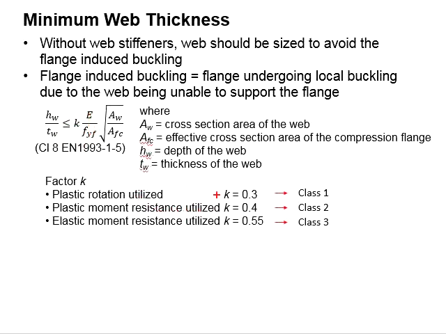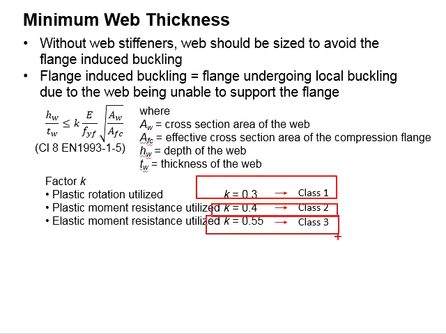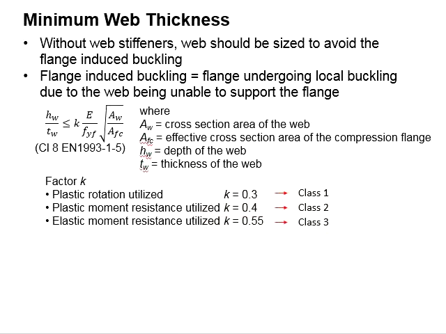The K factor equal to 3 represents the plastic rotation utilized. K equal to 0.4 refers to the plastic moment resistance utilized, and K equal to 0.55 refers to the elastic moment resistance utilized. It can be simply understood that this is meant for class 1, class 2 and class 3. When we design the member, normally we would like the members to be at least class 1 and class 2.